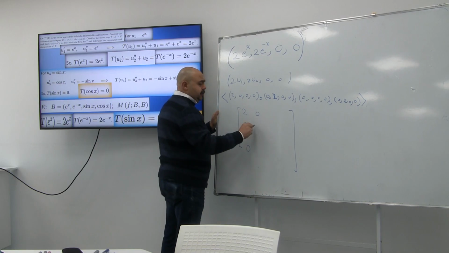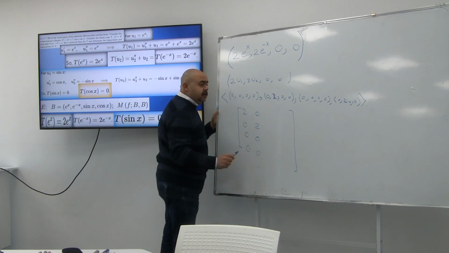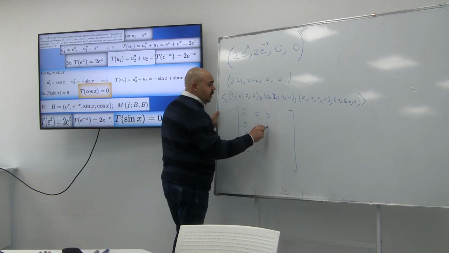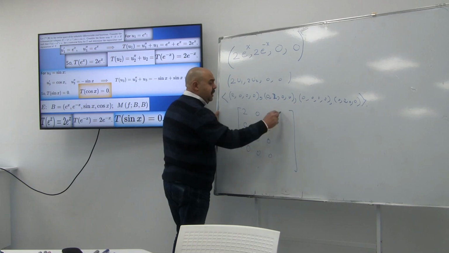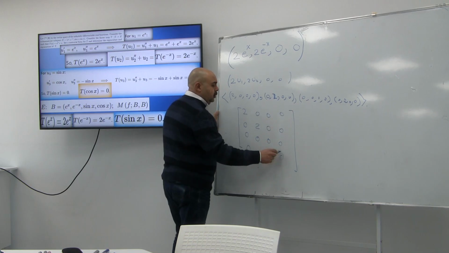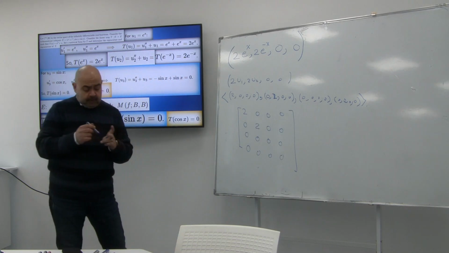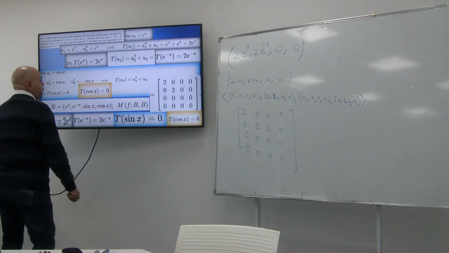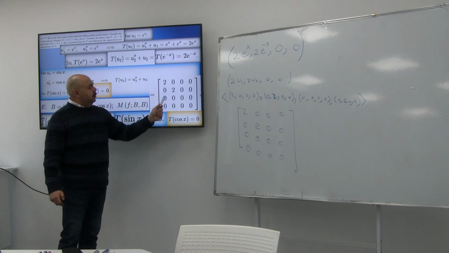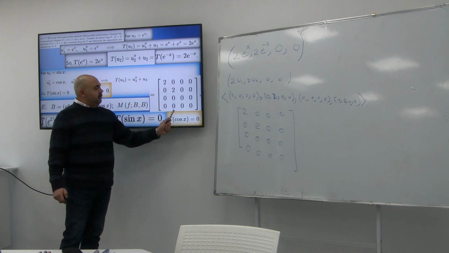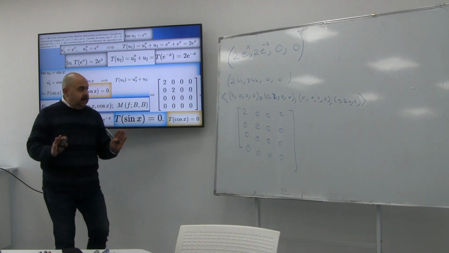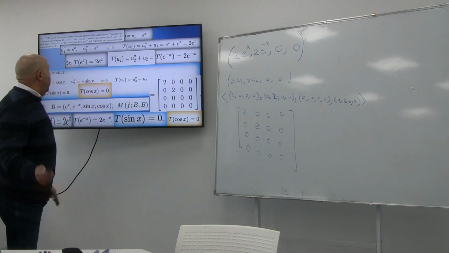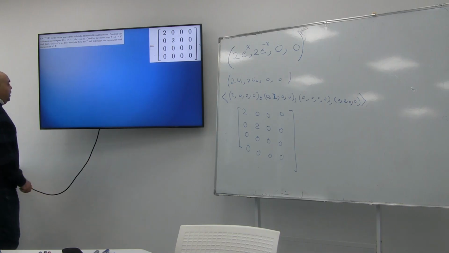Then I will have 0, 2, and double zeros. The third column will be exactly the same, and the last one will also be the same. This is the matrix that we will use in order to get your eigenvalues. Now, I will try to get these eigenvalues.